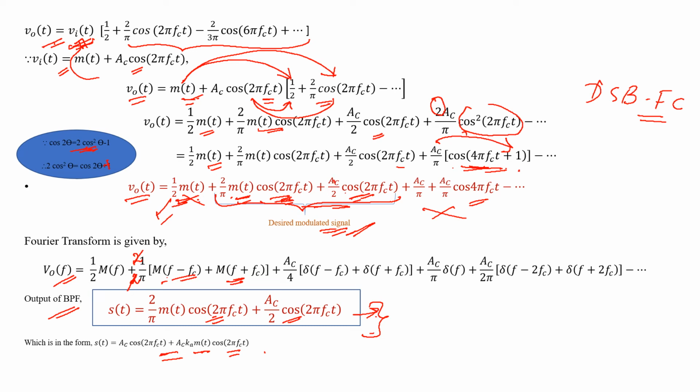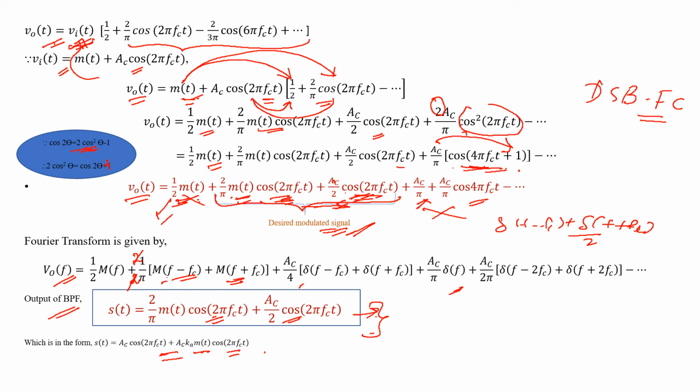AC by 2. So you know the formula for the Fourier transform of cos 2 pi fct. It is del of f minus fc plus del of f plus fc divided by 2, right? So you will be getting AC by 4 into del of f minus fc plus del of f plus fc, plus your next term, AC by pi into del of f.